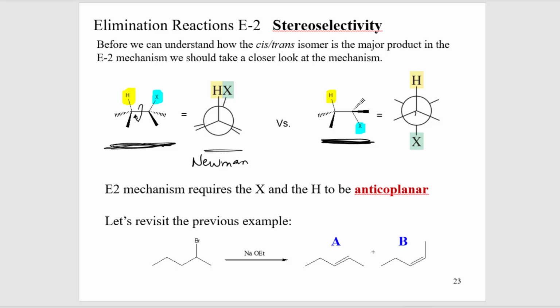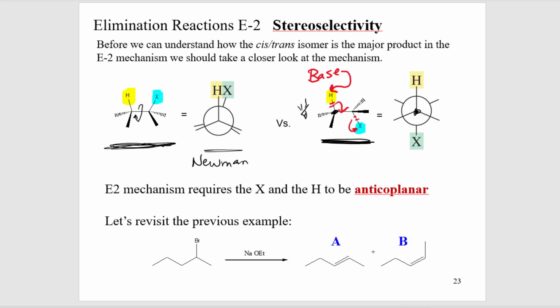This Newman projection is looking down that carbon-carbon bond, and it's got the hydrogen going straight up, and in the back, the leaving group going straight down. And this is what helps us, because when we have our base, our OH minus or whatever it is, grabbing the hydrogen, the electrons are all in line orbitally to do this flow. Everyone is set and ready to go.